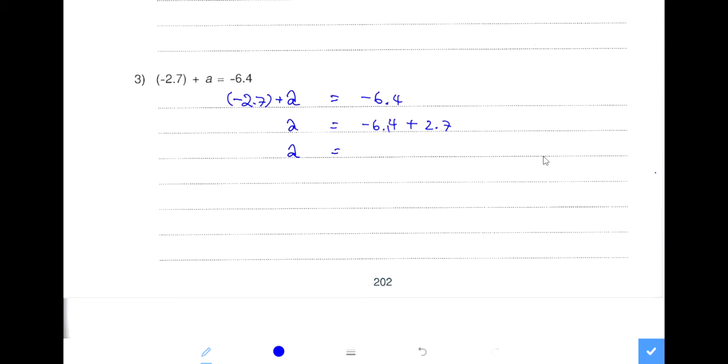So this is like 14, right? I borrowed this and I get 5, right? So 14 minus 7 is 7. 5 minus 2 is 3. So it's negative 3.7. Okay, not hard, right? But I make a little bit of mistake.